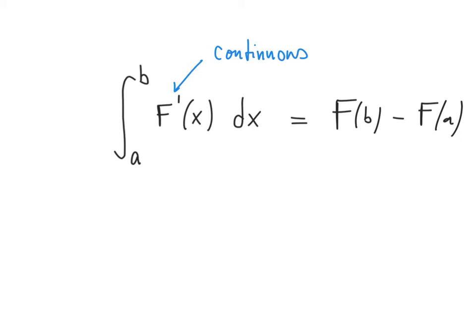So if f prime is continuous, then the definite integral from a to b of f prime is the total change of the function between a and b. Right? So f of b minus f of a.